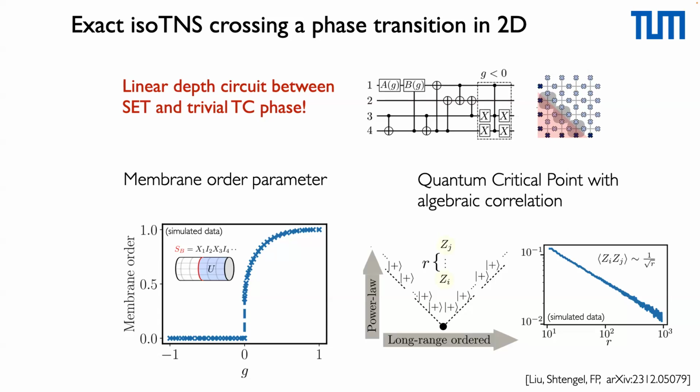Both are disordered phases, so you might think it's a first order transition. But they are different topological phases. This is a bit involved, but we can write down a sort of membrane order parameter, which is a generalization of string order, which we have for one-dimensional SPT phases, and that changes at this phase transition.